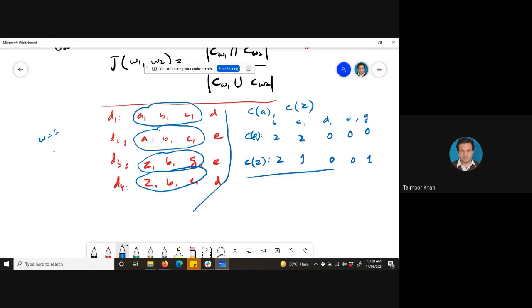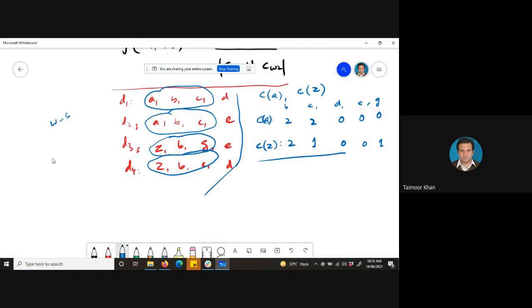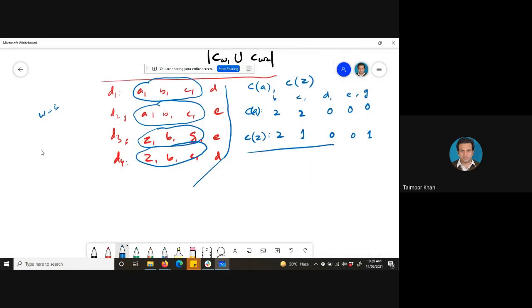For example, we can apply some similarity measure, for example, a dot product. So in that case, the similarity between the context of A and the context of Z is going to be xi dot yi.